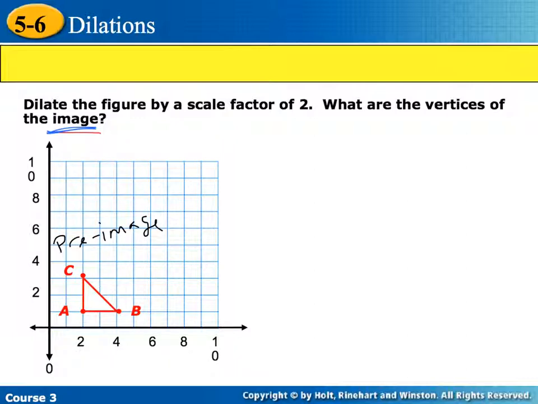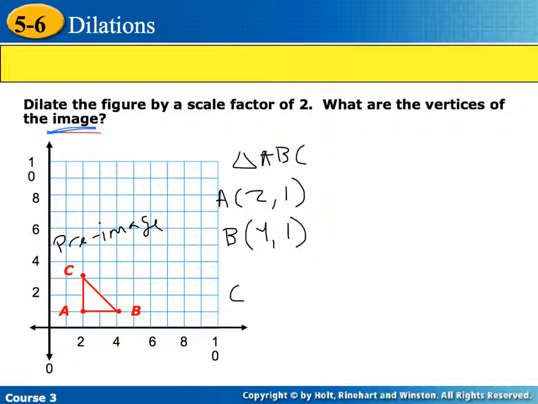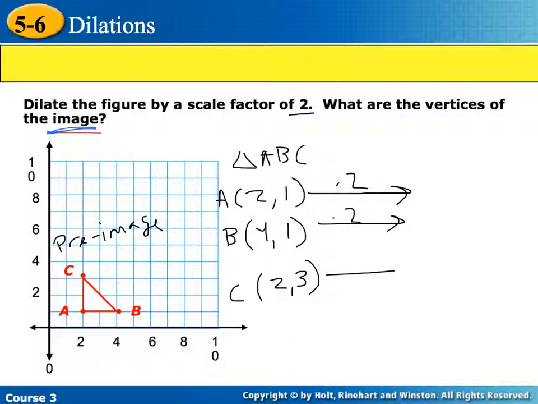All right, so the vertices of my pre-image ABC are (2, 1) for A, (4, 1) for B, and (2, 3) for C. What do I have to do with all of these points? I have a scale factor of 2, so when I change these into my image A prime, B prime, C prime, they are dilated with a scale factor of 2.